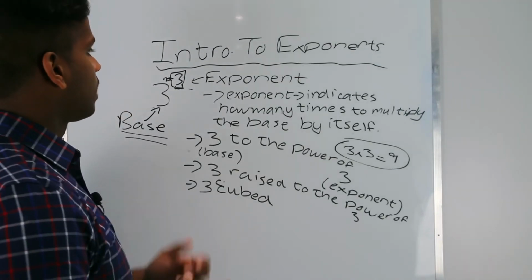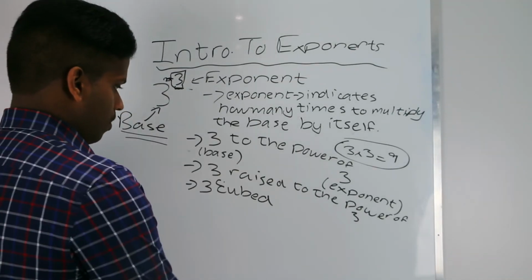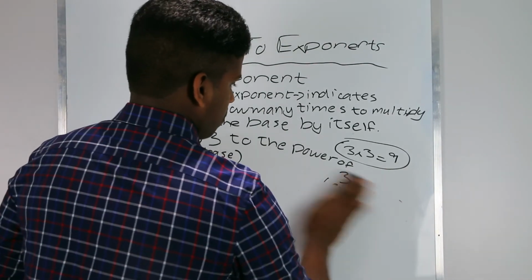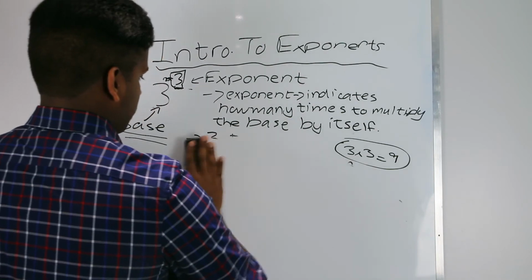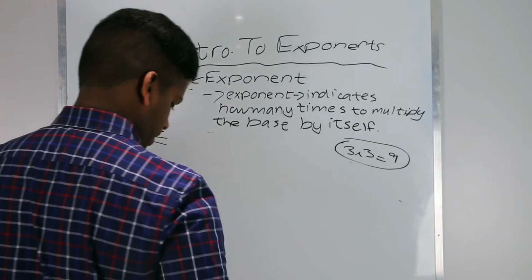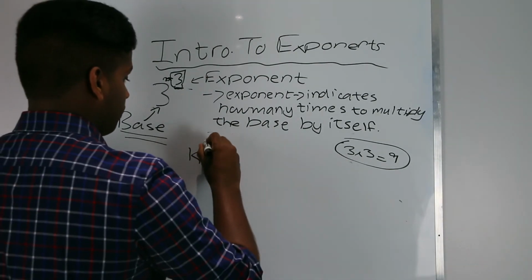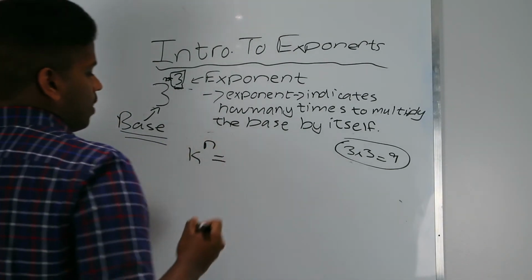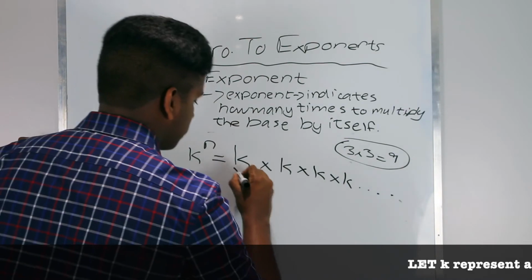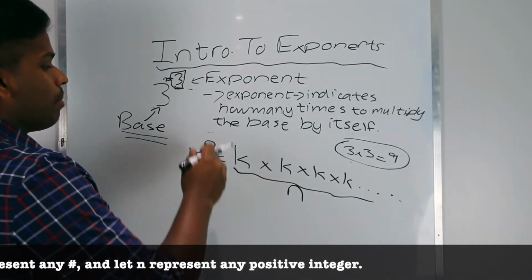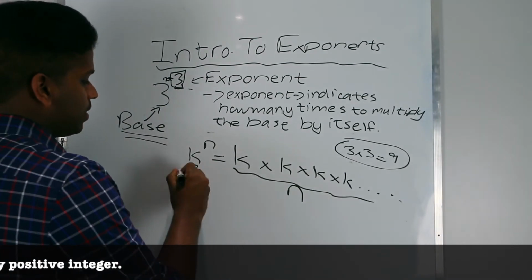So this is the introduction to exponents. Let me just erase this for you guys. You can rewind it if you haven't seen it properly, because I need a bit more space. So, just to give you a summary: basically with the exponent, we are multiplying the base.